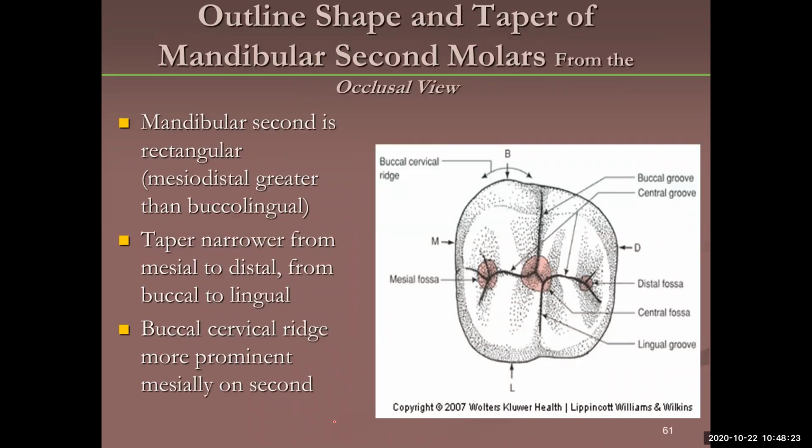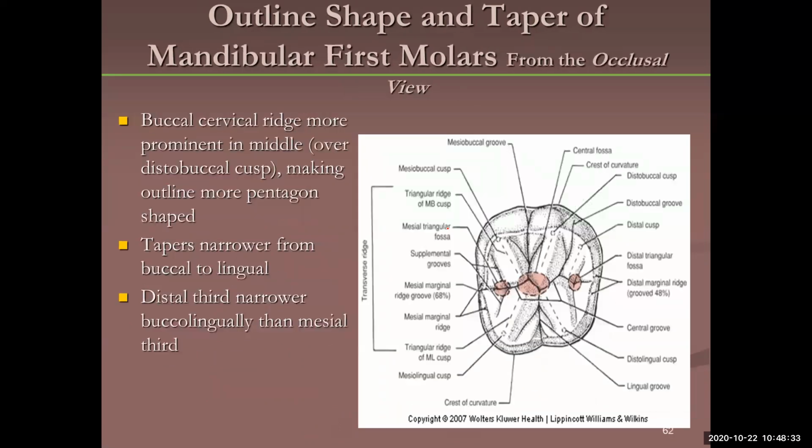Mandibular second molar is triangular in shape versus the first molar is more like a pentagon. Tapers narrower from the buccal to the lingual. The distal is narrower than the mesial.